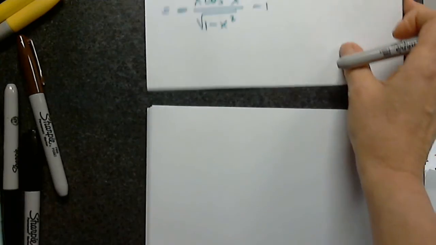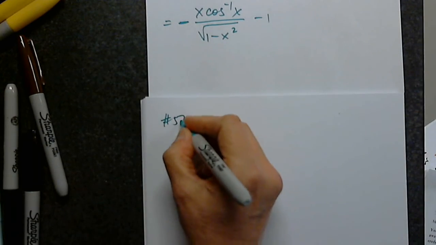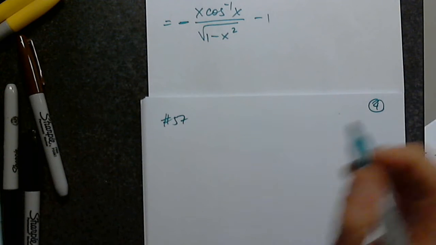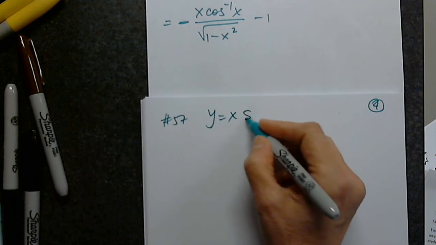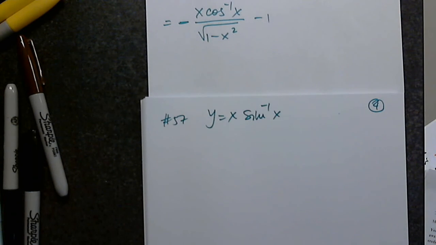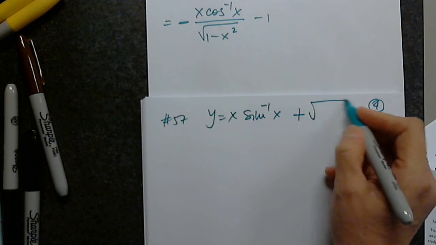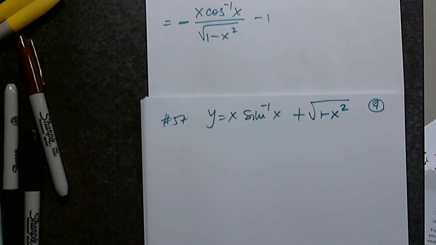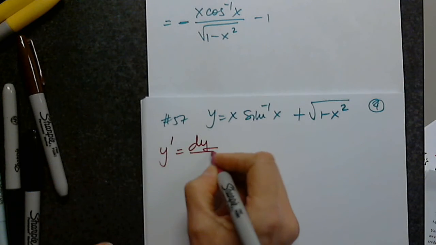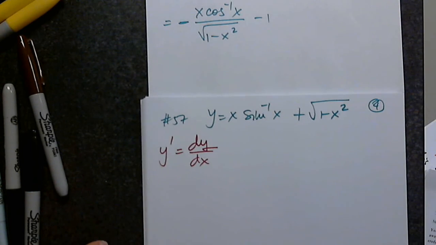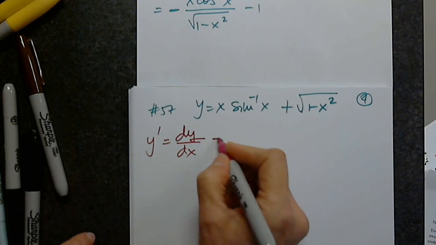Okay, so we also said 57. 57 is y equals x sine inverse x plus the square root of 1 minus x squared. We're asked to differentiate. You can write y prime. This is not implicit differentiation.